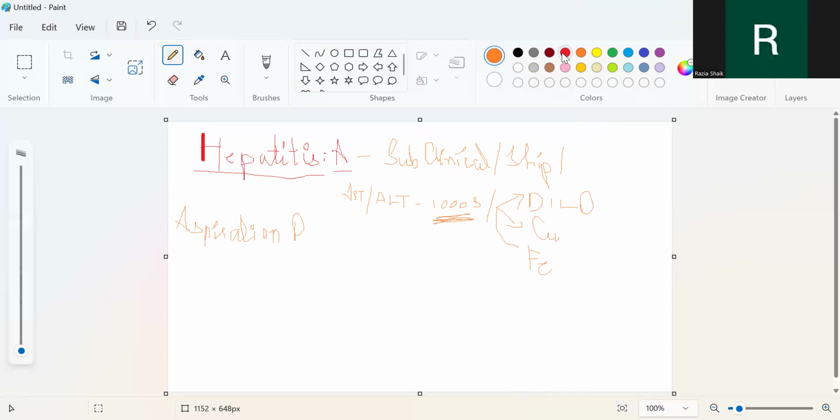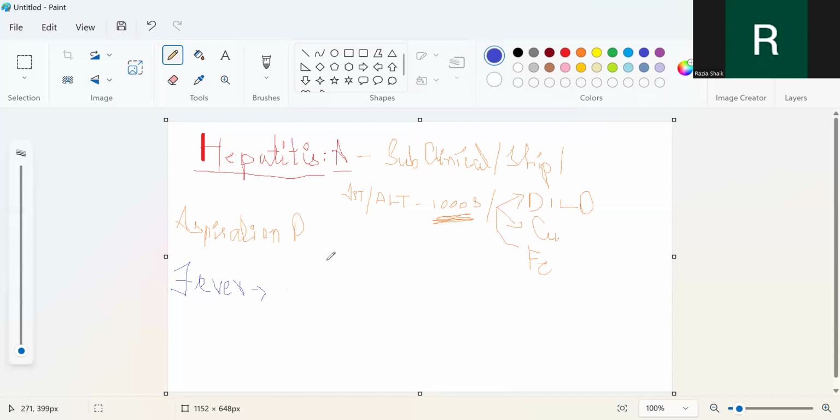A lot of you might come across a patient with fever having hepatitis A. Again, there are pitfalls, and I'm going to discuss the pitfalls because I really, really focus on the pitfalls.